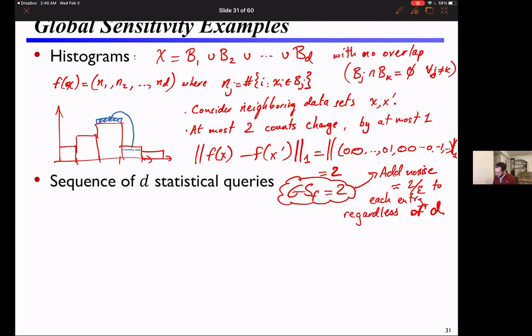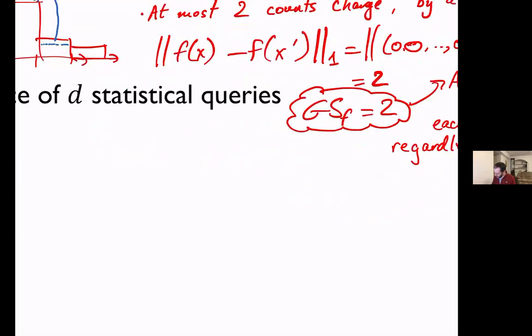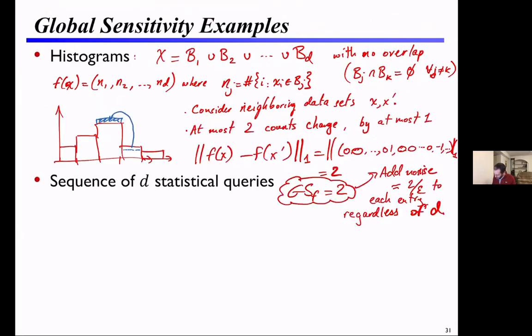Okay, another thing we could look at is a sequence of what we'll sometimes call statistical queries. So these are just counting queries, counts. Statistical queries are really just a fancy name for averages of bounded functions.